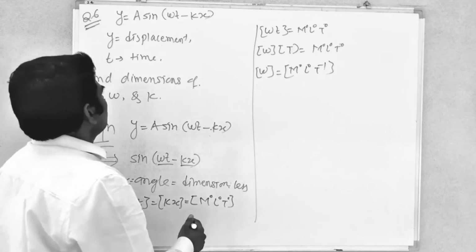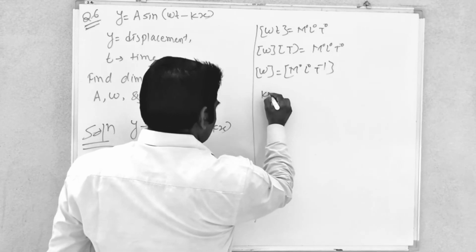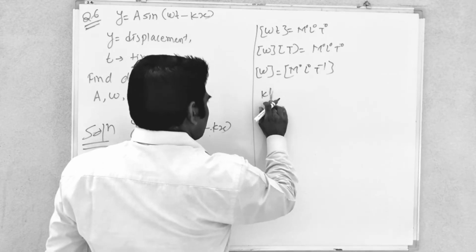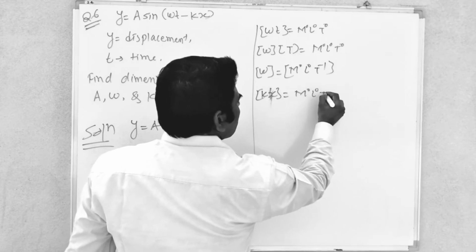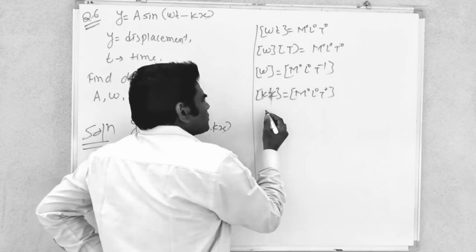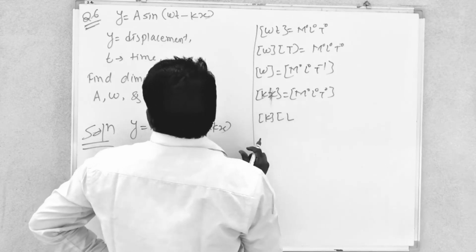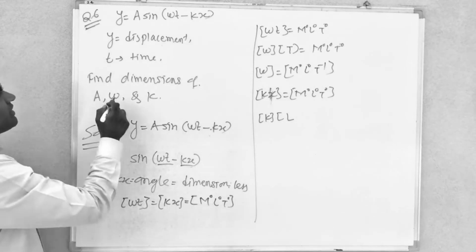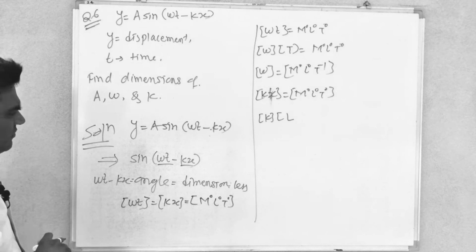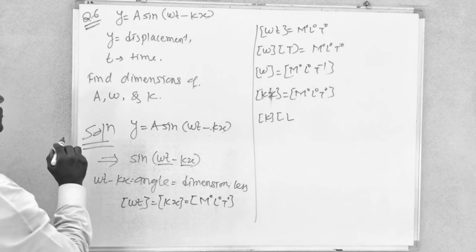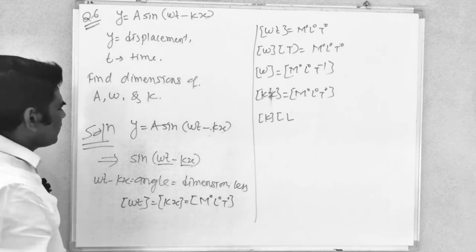Now the dimension of k. We have kx equal to M0 L0 T0. So the dimension of k into the dimension of x. What is x? x is also a displacement. They have not given anything, right?